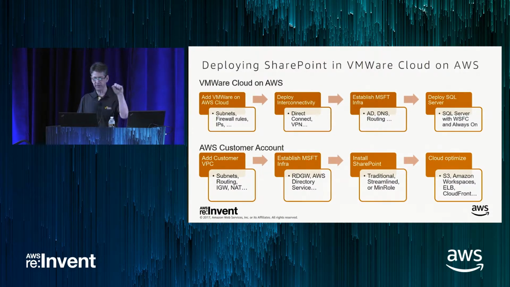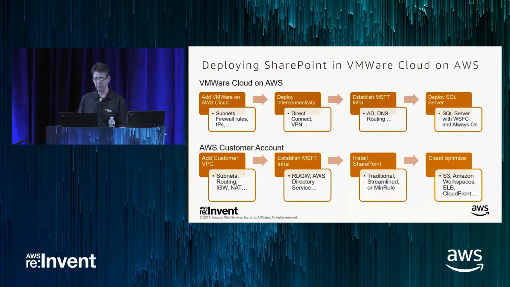So starting at the top left, we're going to start off with adding the components to VMware Cloud. And I'll talk at the end about why I'm putting certain pieces on VMware Cloud and other pieces on AWS. We'll start off, if you don't have it, by provisioning VMware Cloud on AWS in the first place. For this talk, I'm assuming that VMware Cloud is already stood up.